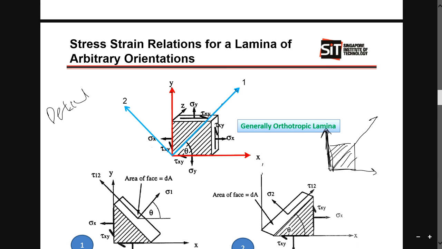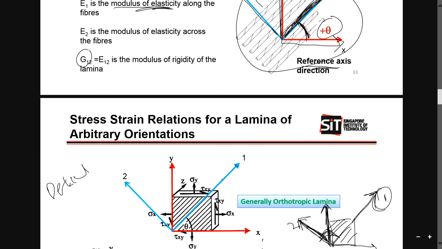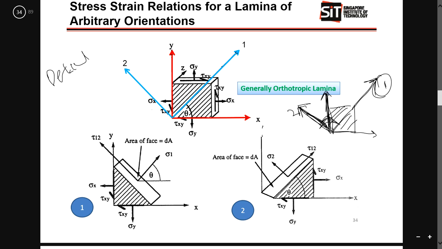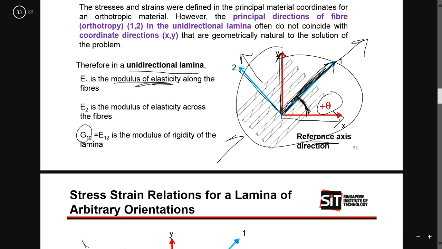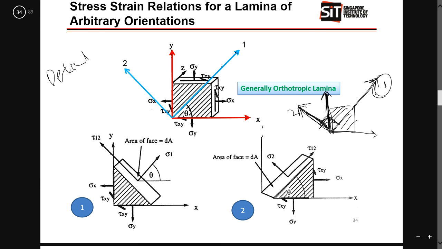That is all it's trying to say. Then this is the modulus of elasticity in this direction, and the modulus of elasticity in this direction. So this is another graphical view of the previous slide, a clearer view.